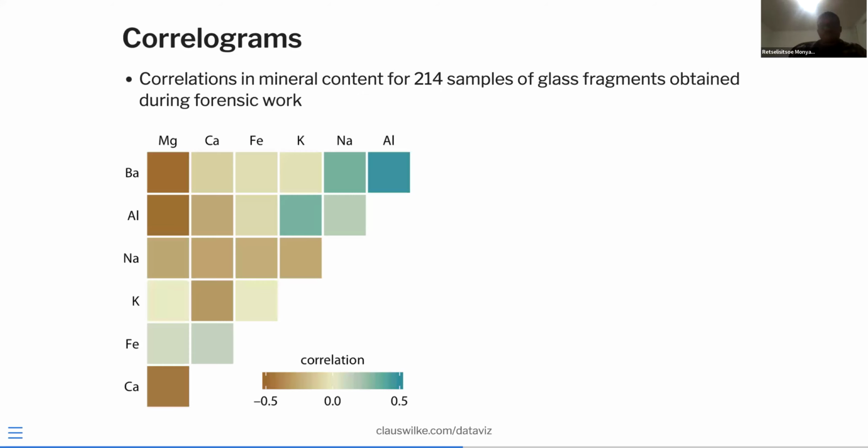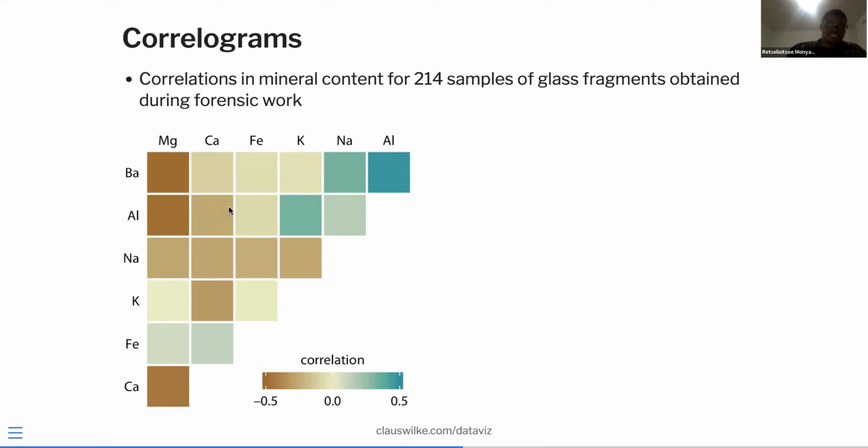Right. So an example of this is with a plot like this. Here we've got 214 samples of glass fragments, and for each fragment, we look at the mineral composition, and we've got the different minerals there. So rather than plotting the actual raw numbers of the minerals, what we've got here is the correlation between the minerals.